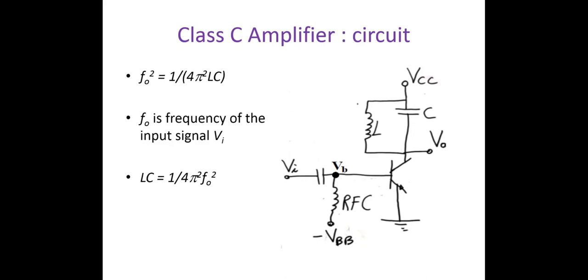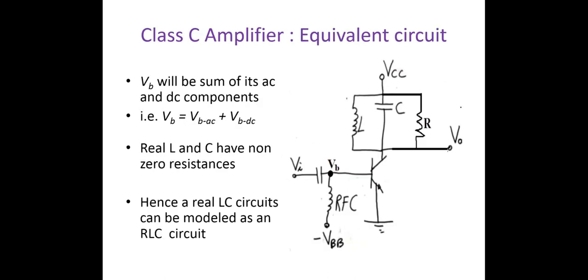So in class C amplifier circuit, the resonant frequency of the LC tuning circuit must be equal to the frequency of the input signal Vi. So therefore the equation for LC will be given as shown on this slide. So let's analyze the circuit in a bit more detail.